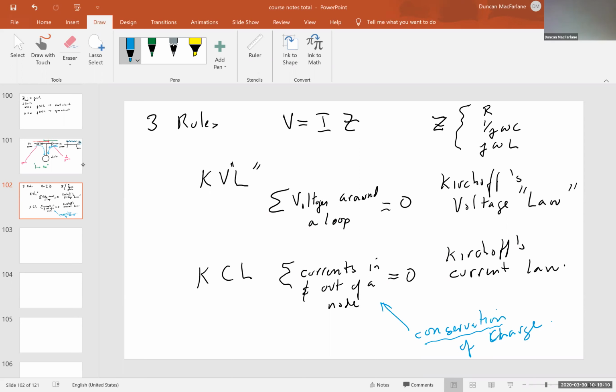And so Kirchhoff's current law is directly a consequence of conservation of charge. Charge will neither get created or destroyed. Now you'll notice that I'm putting quotes around the law in Kirchhoff's voltage law.